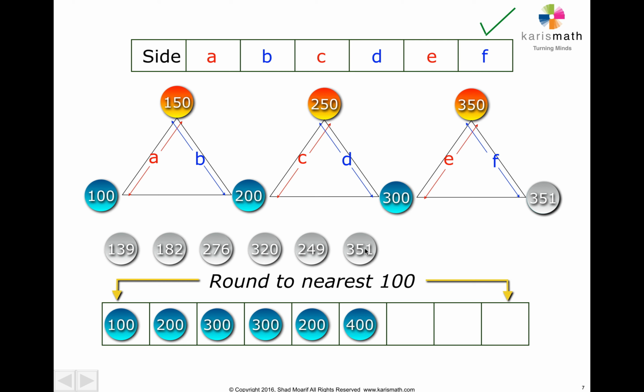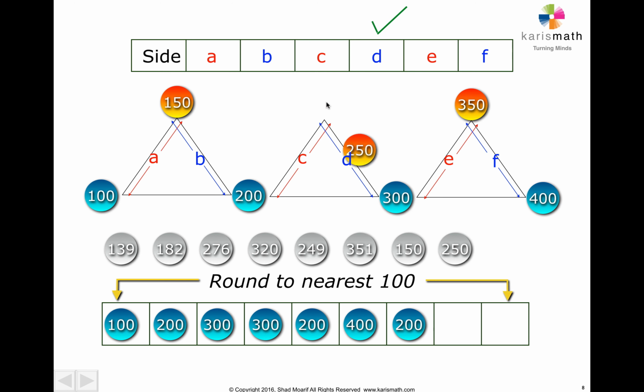So 351 rolls to 400, and 150, which is right here, of course, we know it's on B because it rolls towards 200. And then what about 250? 250 is here, which means it's on slope D, and it rolls to 300.